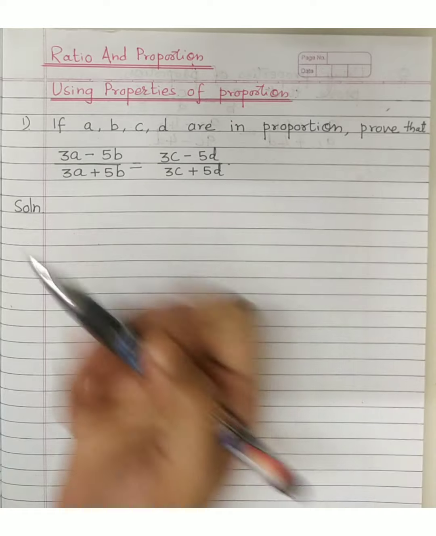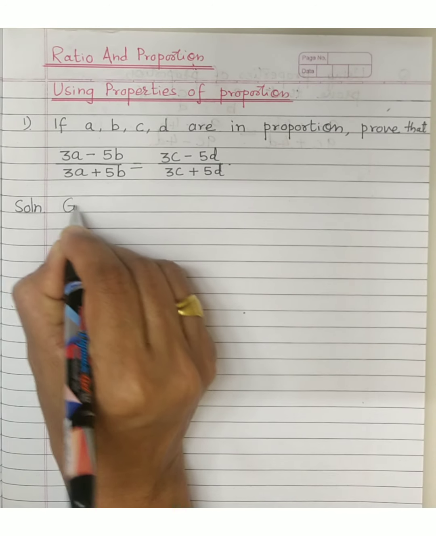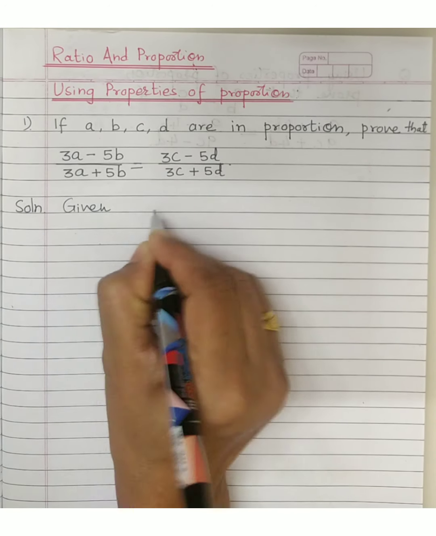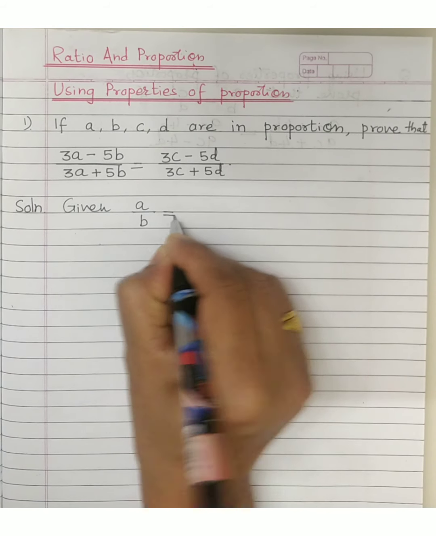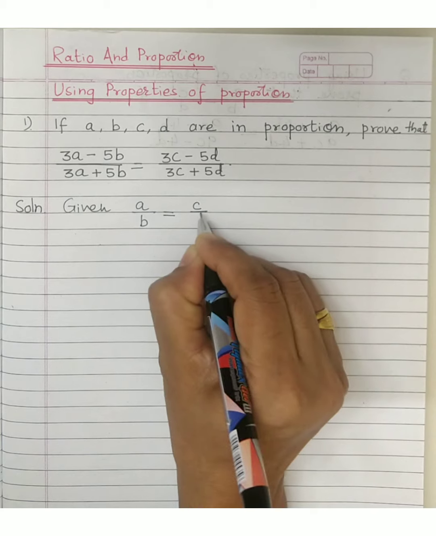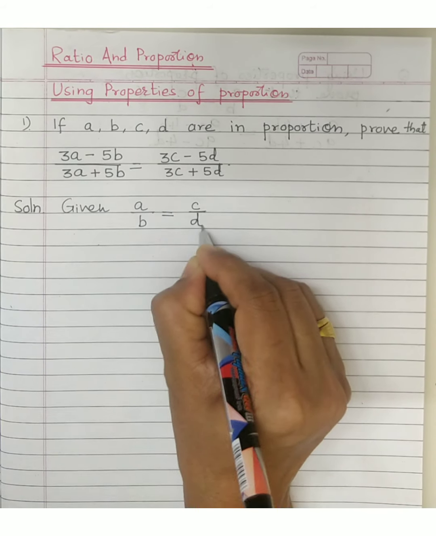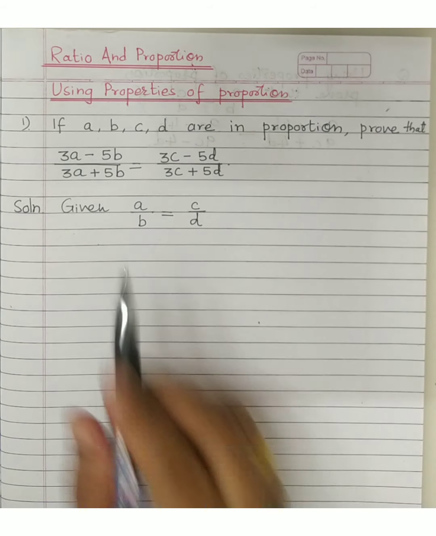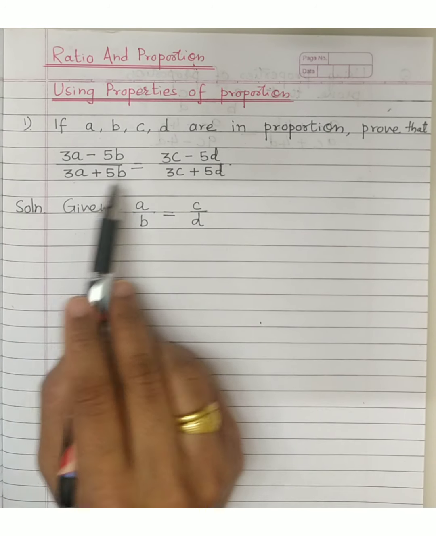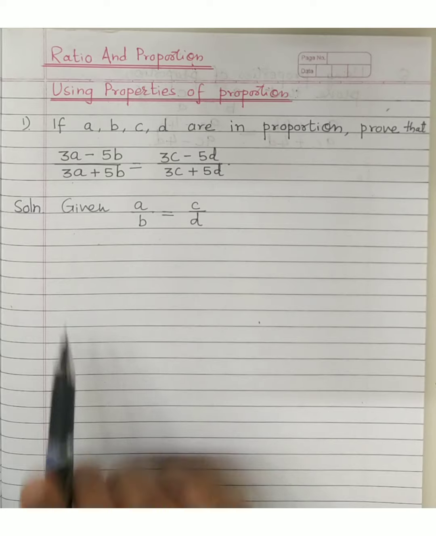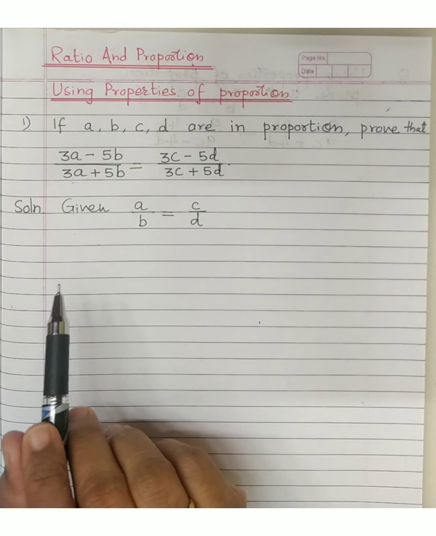Given is A, B, C, D are in proportion. Therefore, I can write A upon B is equal to C upon D. This is given to us and we need to prove (3A minus 5B) upon (3A plus 5B) is equal to (3C minus 5D) upon (3C plus 5D).